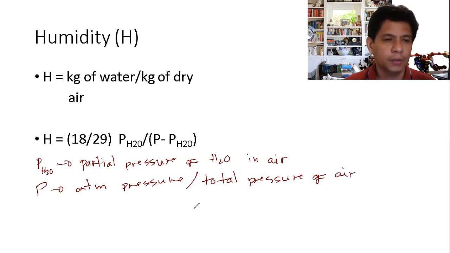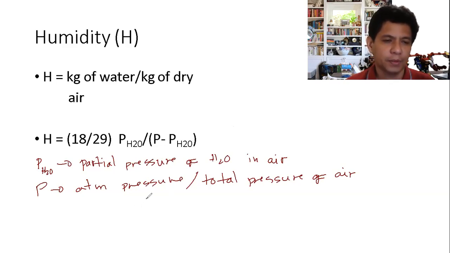Okay. So basically this equation pH2O divided by P minus pH2O is equal to pH2O divided by P dry air. And if you assume that the system is ideal, following the ideal gas equation, that is equivalent to the number of moles of water divided by the number of moles of dry air.